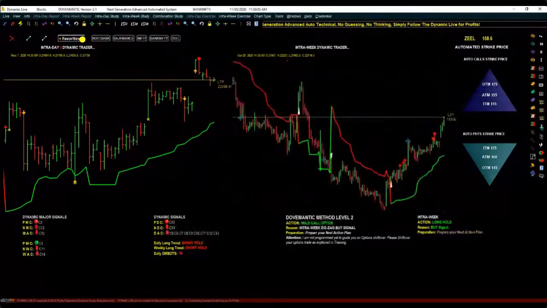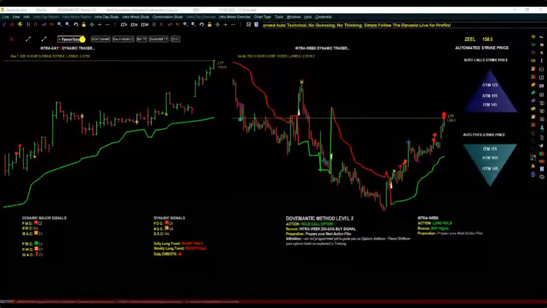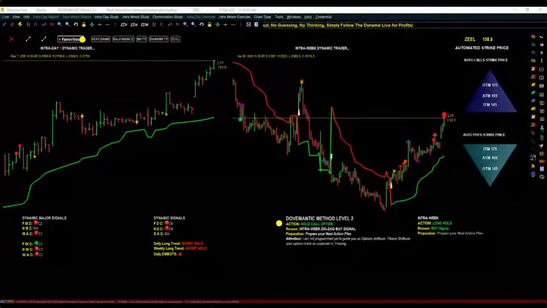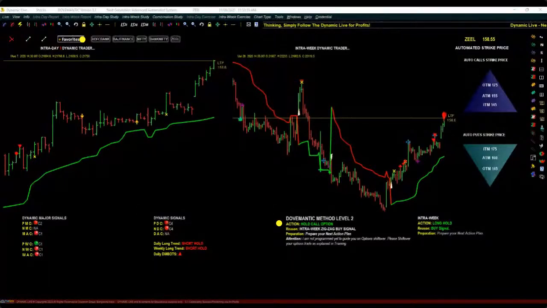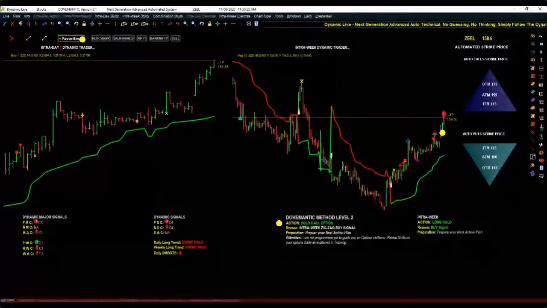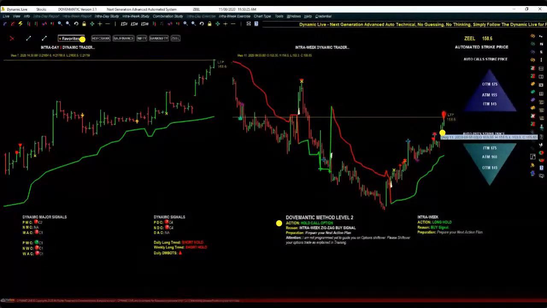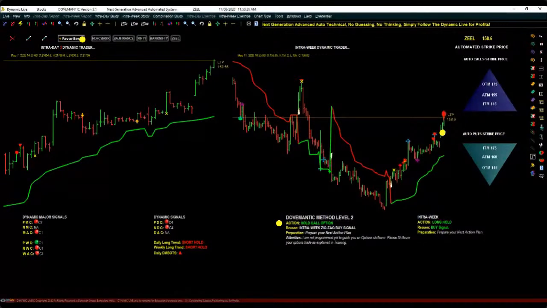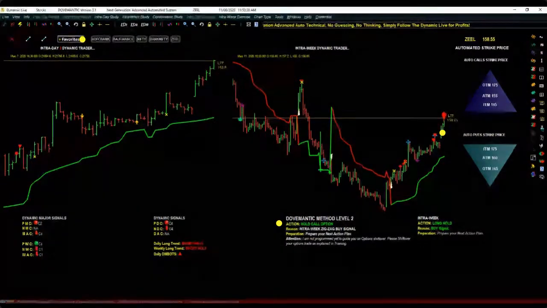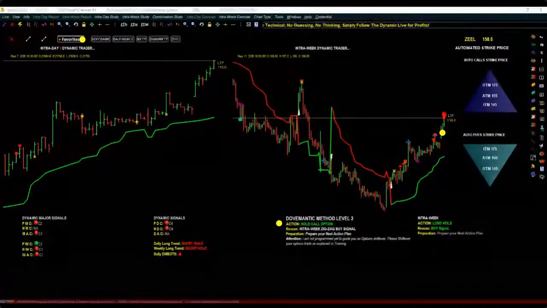Once I have selected it, my job is to just look at this action information, and you can see the action is telling us hold call option. It means sometime back it has already told us to buy a call option, and now it is telling us to hold call option. So this is the point where it told us to buy a call option. It was on 11th of August at 9:55 this morning, and the price was 155.65, and from there the price has now moved up to 158.60, more than 3 points movement in this one single move.